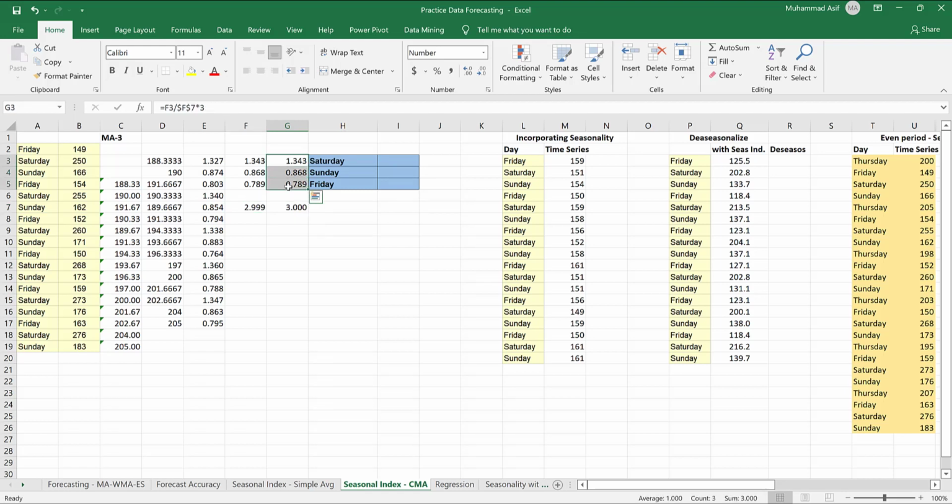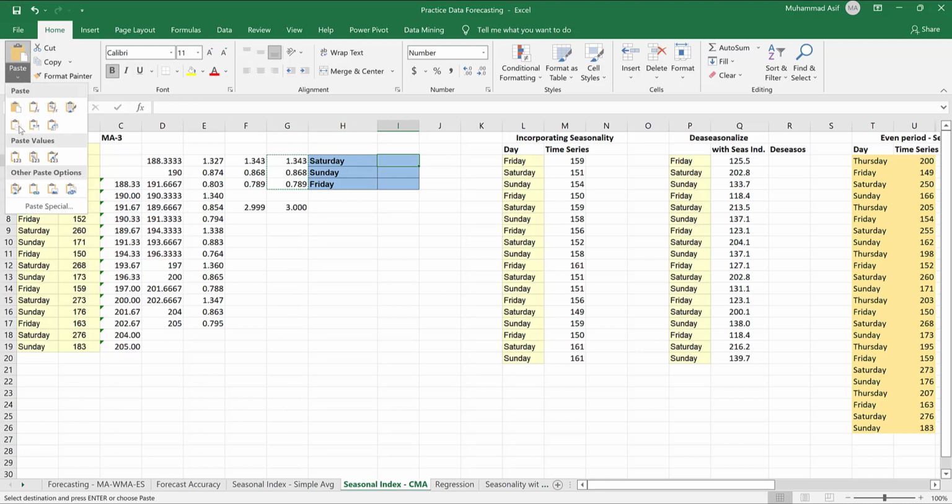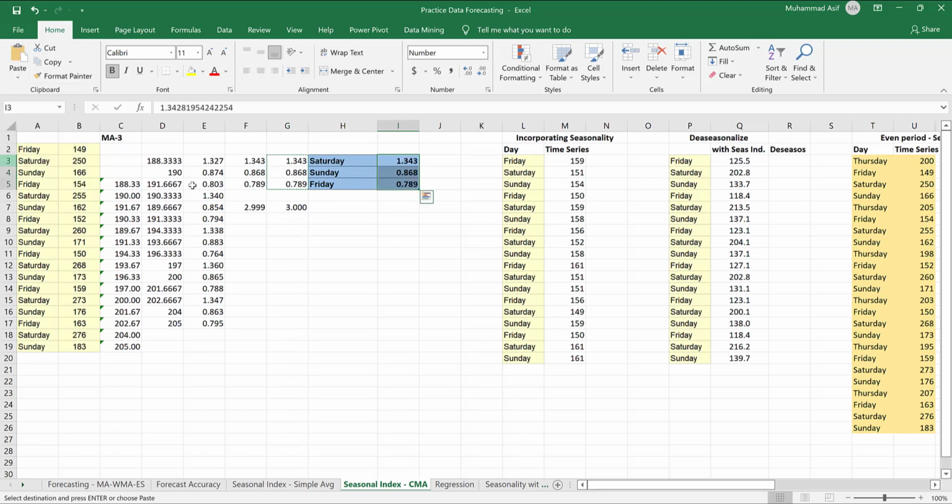Okay, so we get this one. This is called a seasonal index.